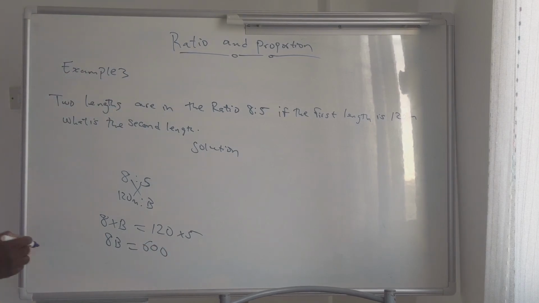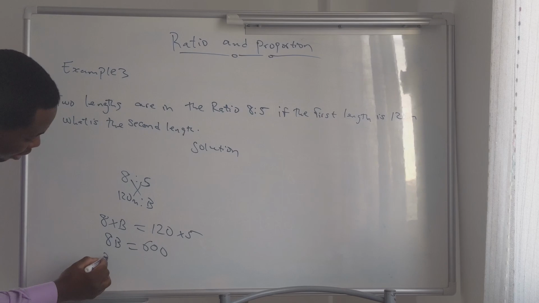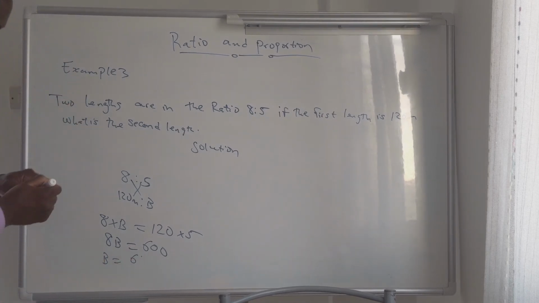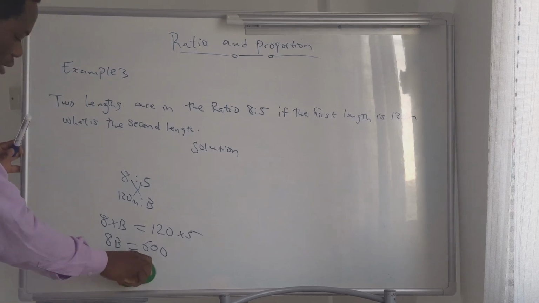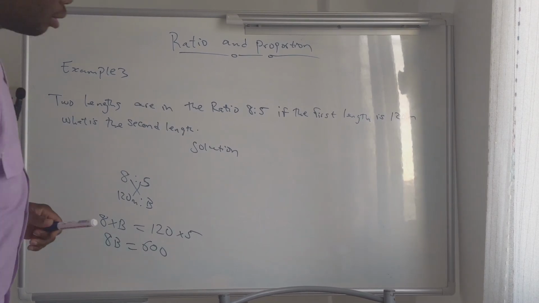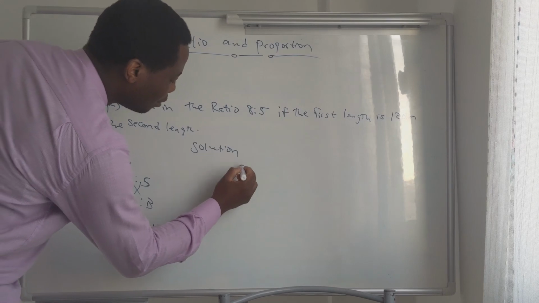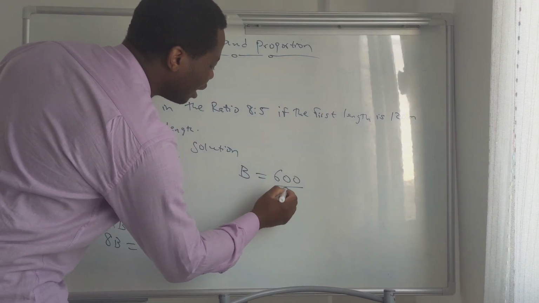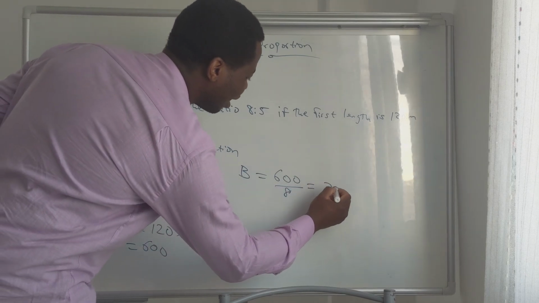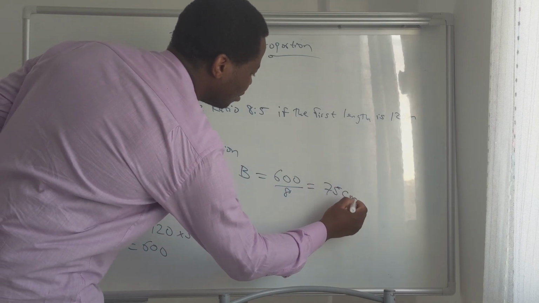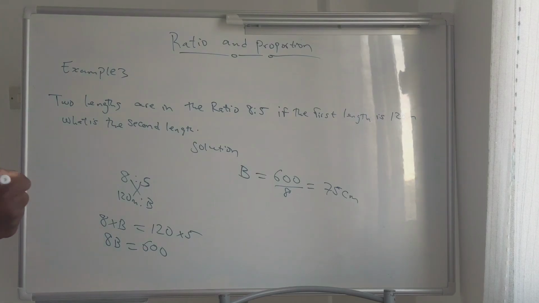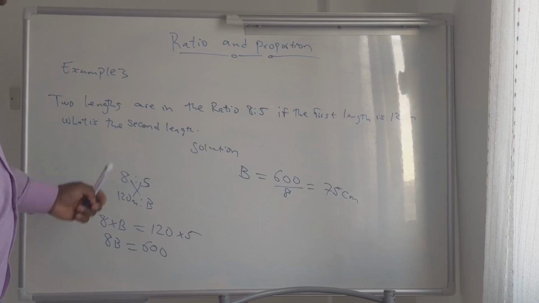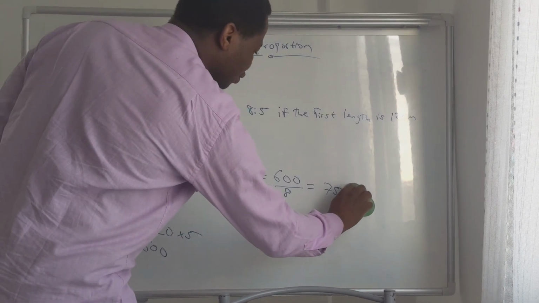So now to find the second length B, we say this is 600 divided by 8, which is equals to 75 centimeters. Sorry, 75 meters, not centimeters, because the length is given in meters.